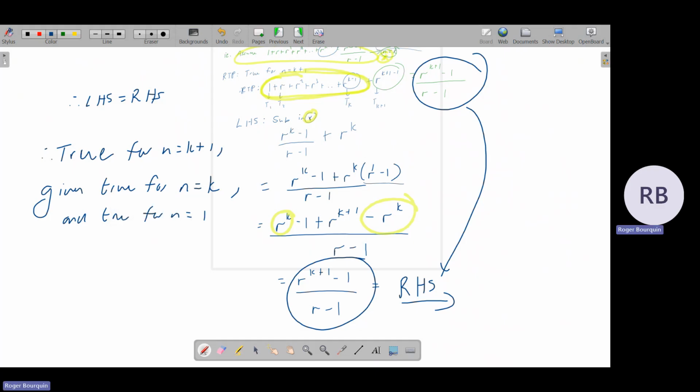That's correct. Therefore, so not say upside down A. Right? Now, Miss Clark at St. John teaches right, therefore, by PMI, true for all n is an element of natural numbers.